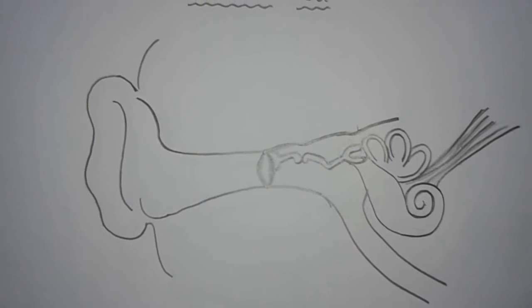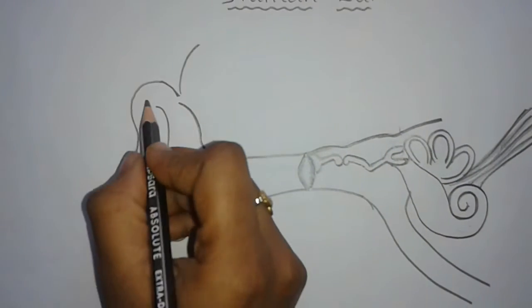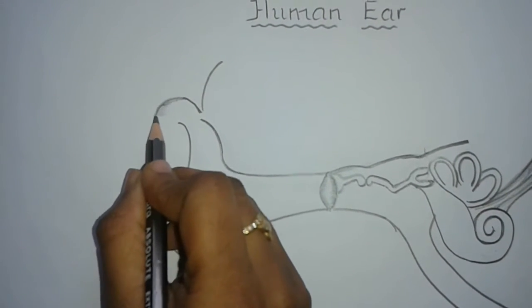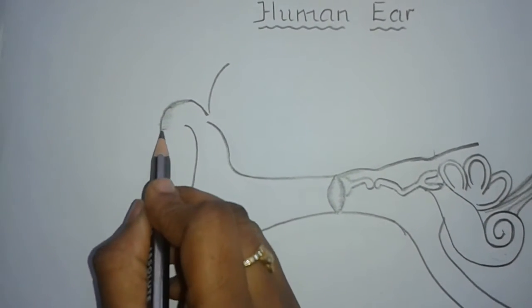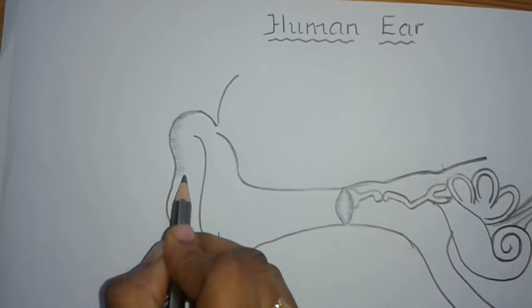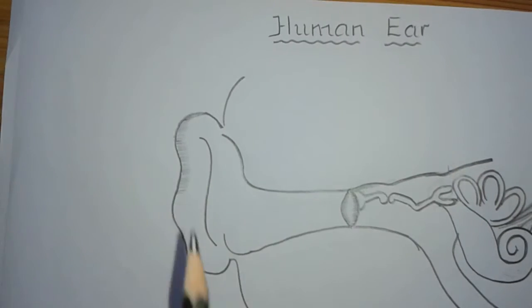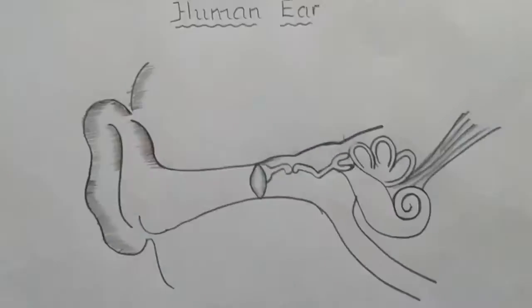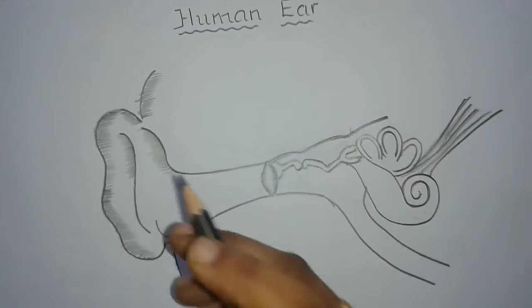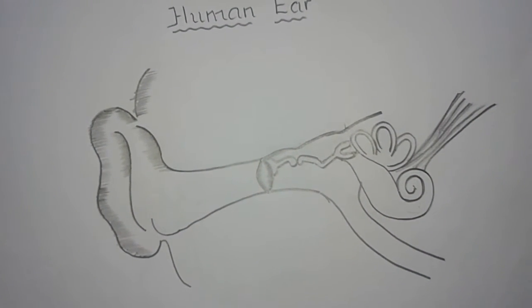Now let us make it more beautiful by shading like this. So children, shade the pinna like this to get the 3D dimension.